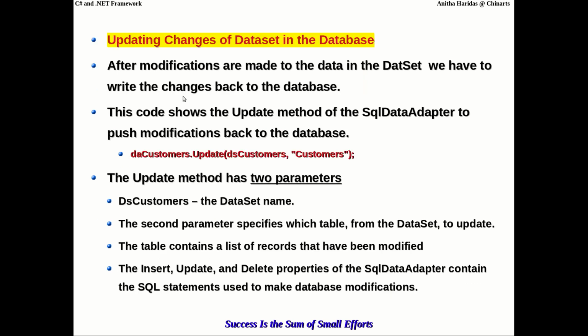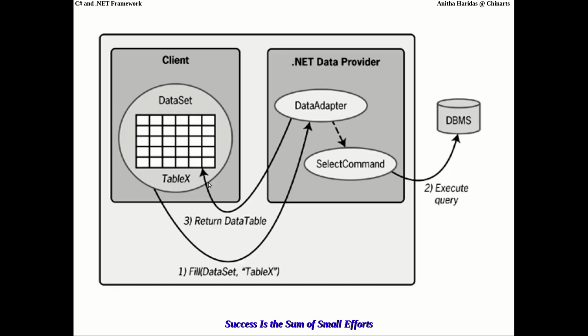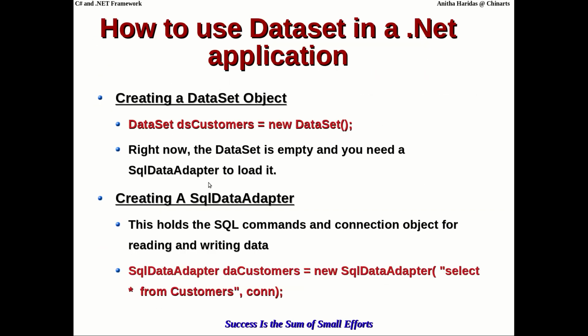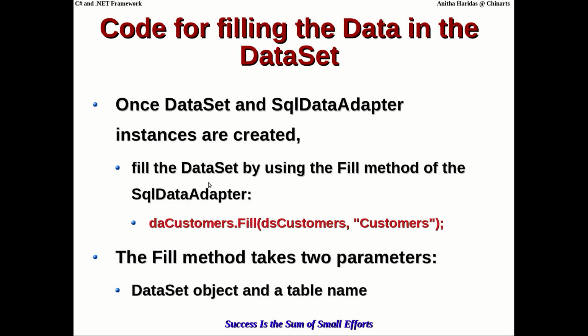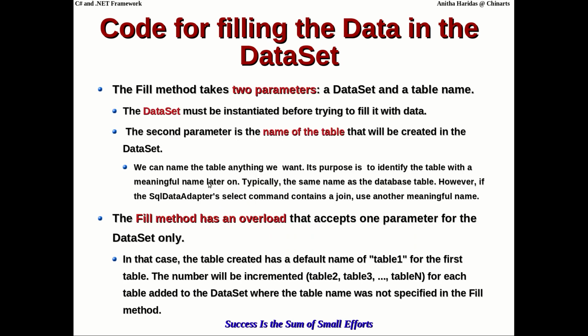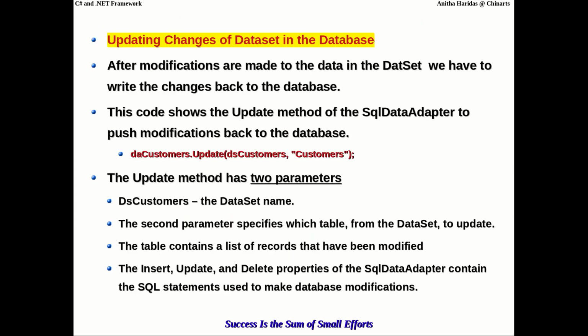Now, these are the things we discussed so far: how do you populate the data set, how do you fill the data in a data set. Now the next question is, how do you update changes of the data set in the database.